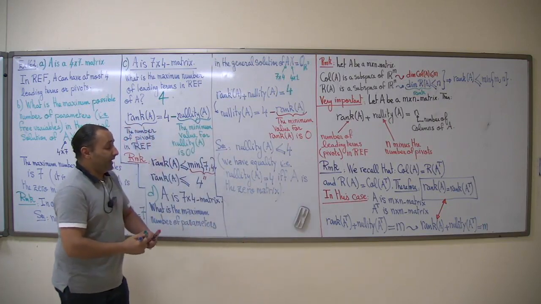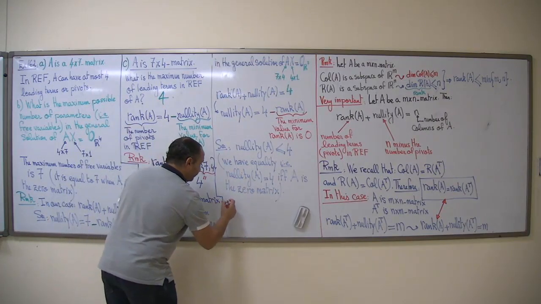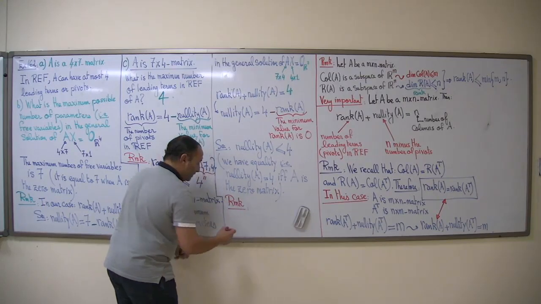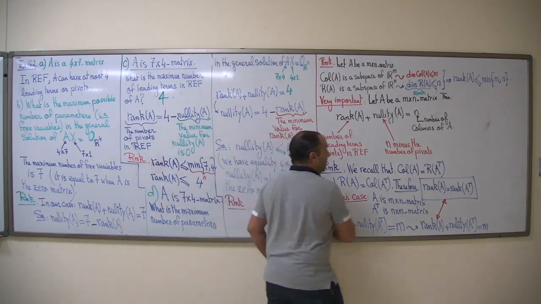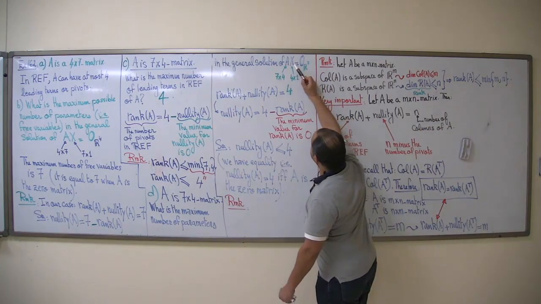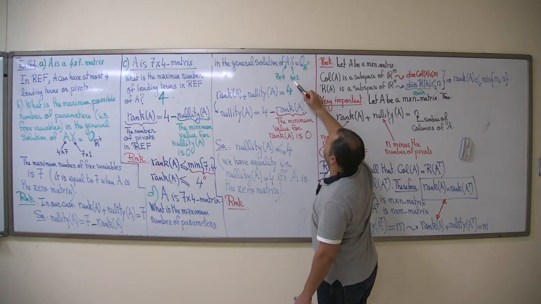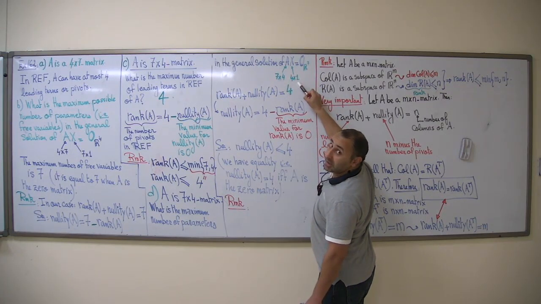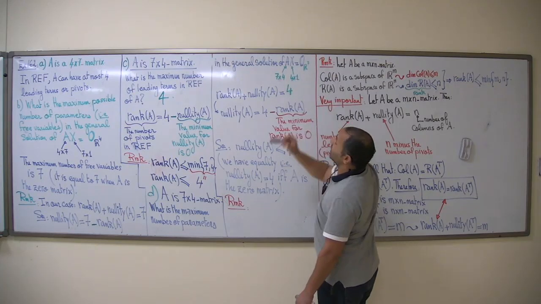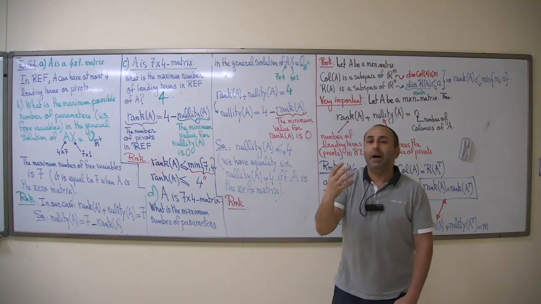Another remark here. I'm insisting on those points because I want you to think about those questions in different ways. X is in 4 by 1, that means the solutions to this homogeneous equation AX equals 0 are in R4.